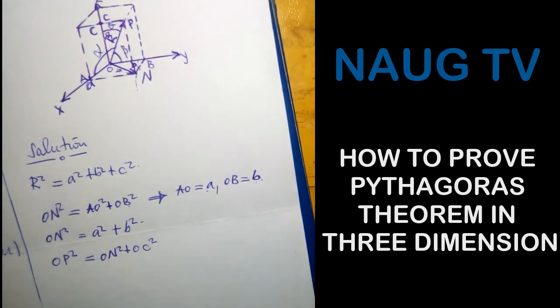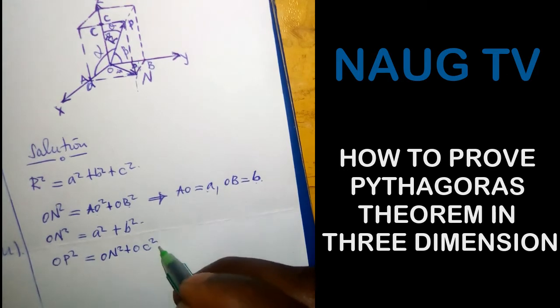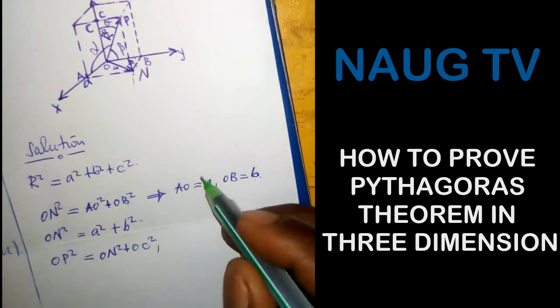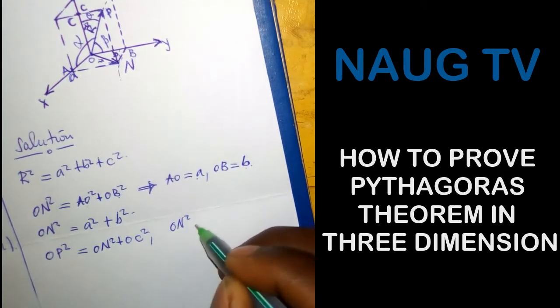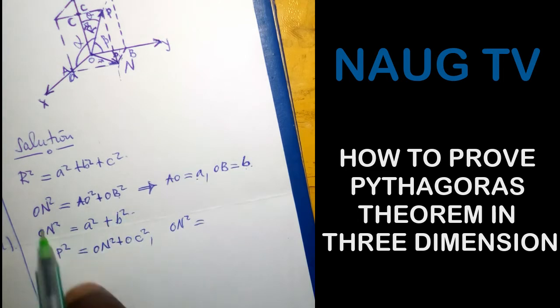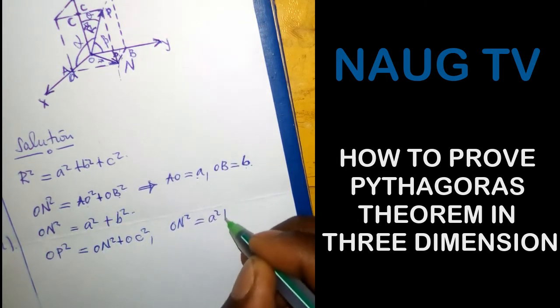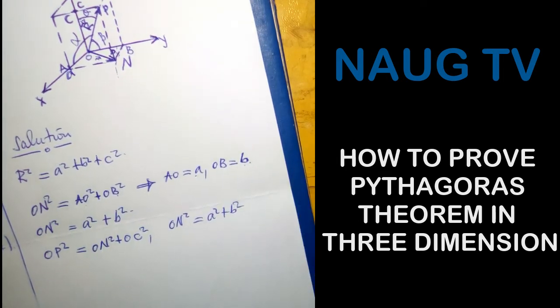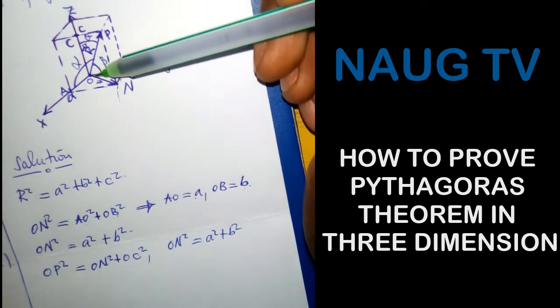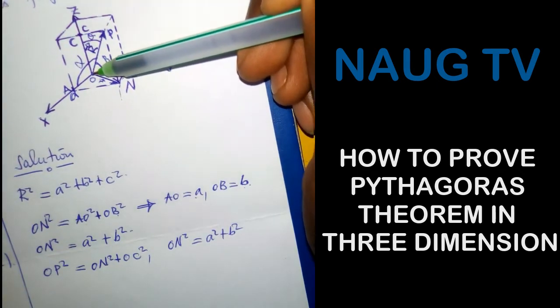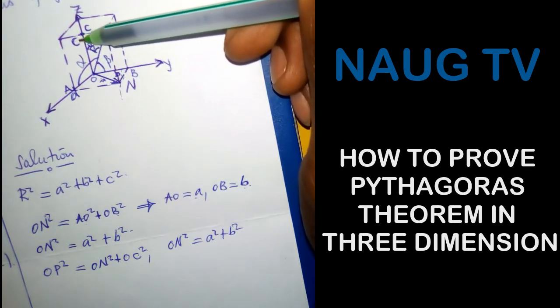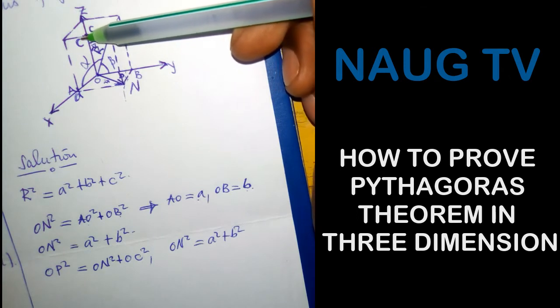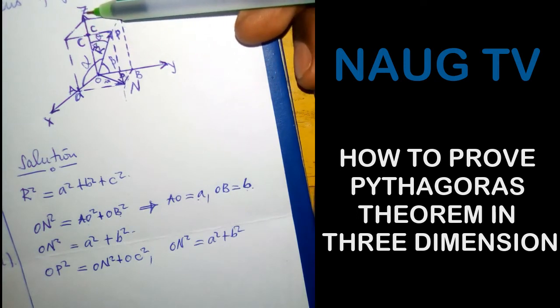But we have seen that ON squared is equal to, as I have right here, A squared plus B squared. And here, if you look carefully, you have to see that OC is equal to C, where C is the coordinate of Z along the Z axis.